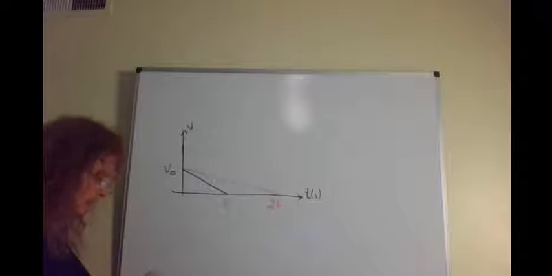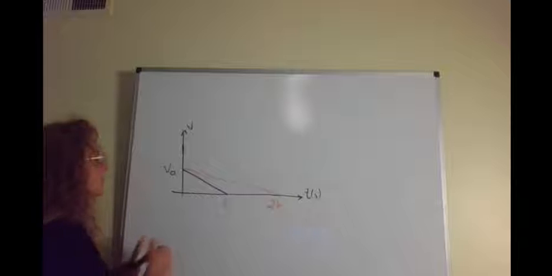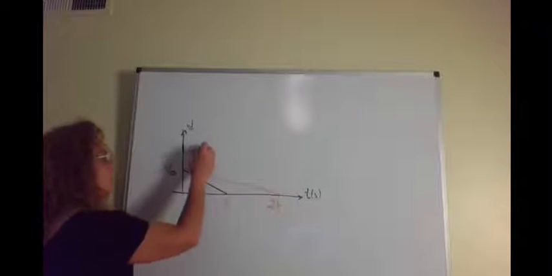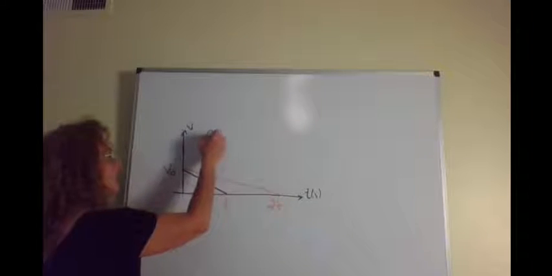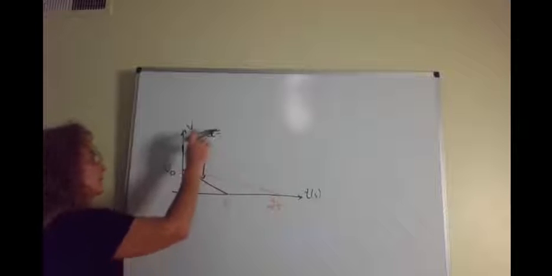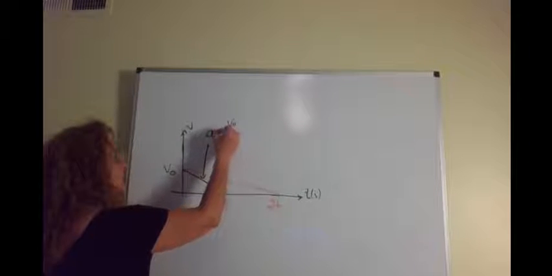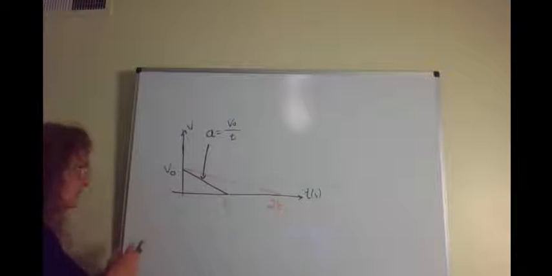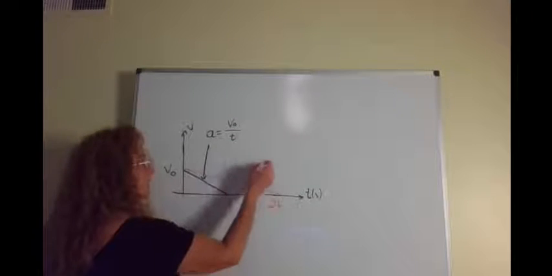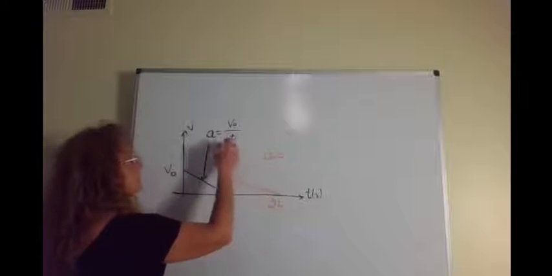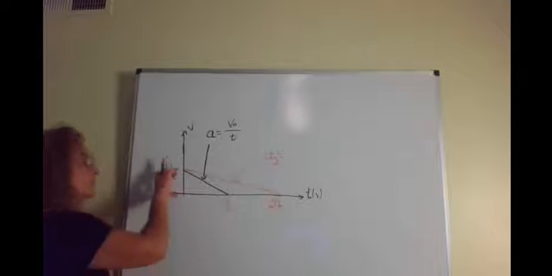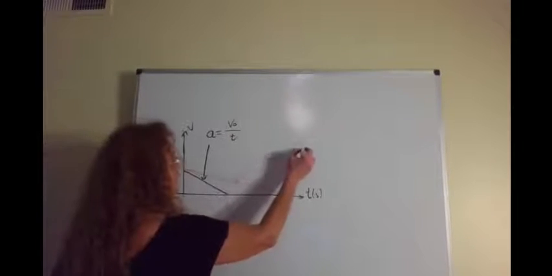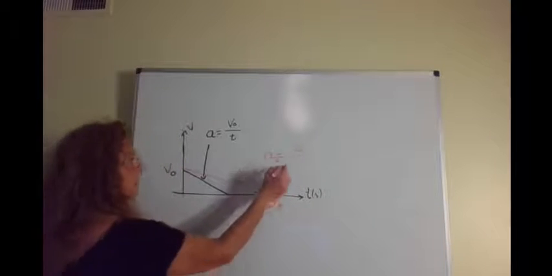What do you think the acceleration, what do you think the slopes are? So the slope of this is rise over run, while the acceleration of this, let's call it 2, is rise over run.